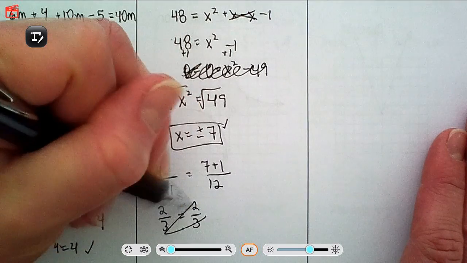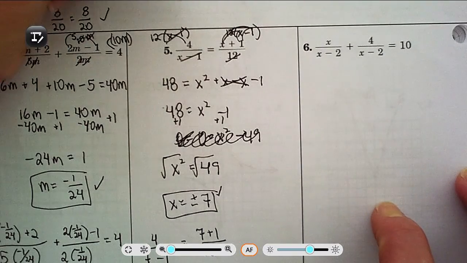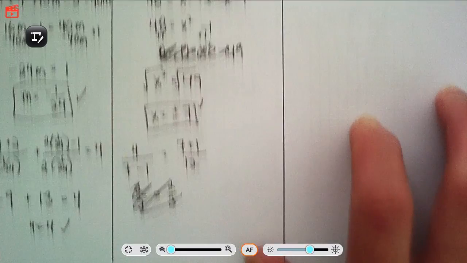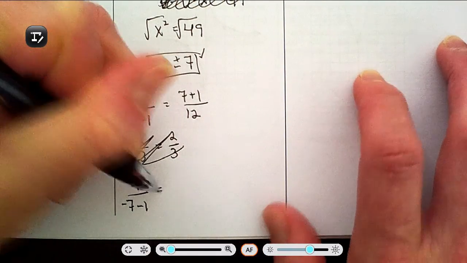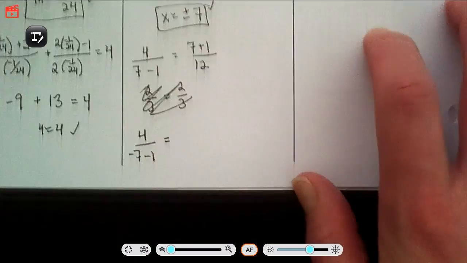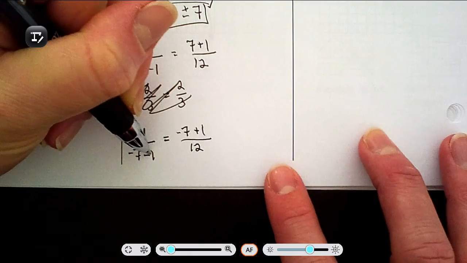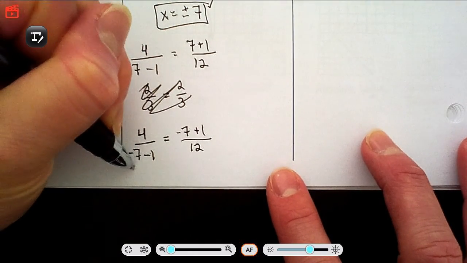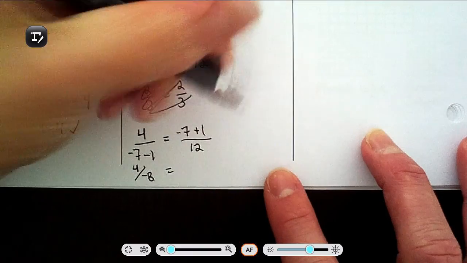Let's try negative 7. 4 over negative 7 minus 1. And then negative 7 plus 1 over 12. Negative 7 minus 1 is negative 8. 4 over negative 8 is the same as negative 1/2.